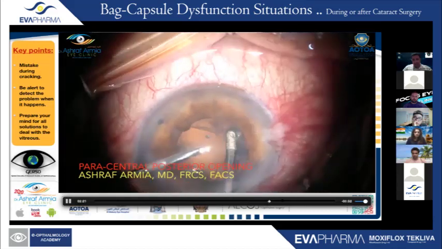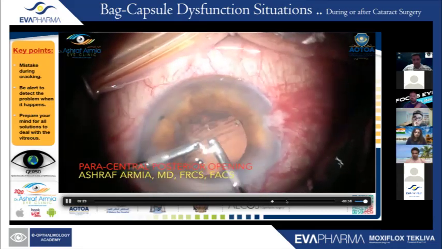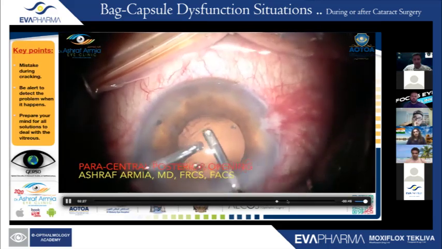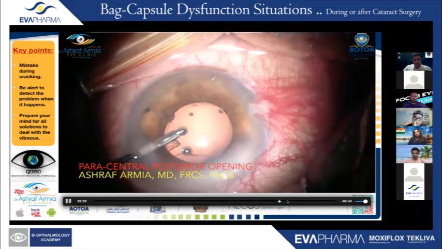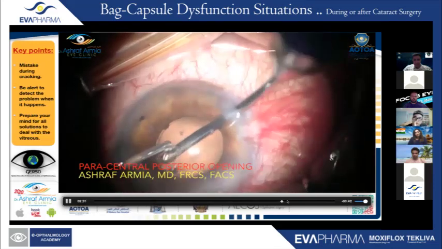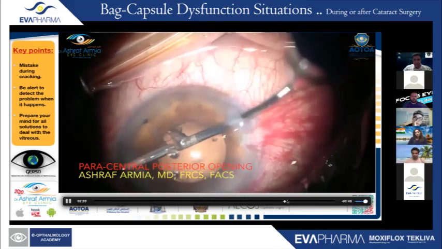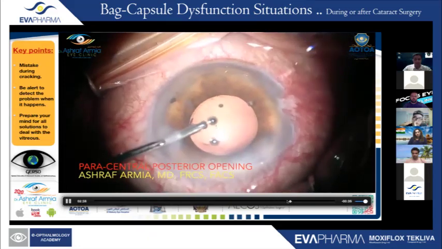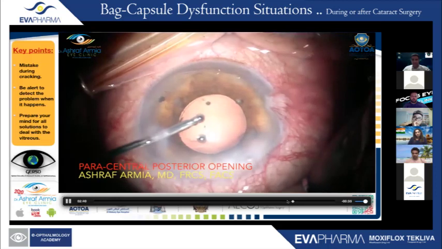So I continued very slowly. I didn't do it dry, but I continued with very slow parameters. I removed all the cortex, even in the area of the capsular opening, using very slow parameters.